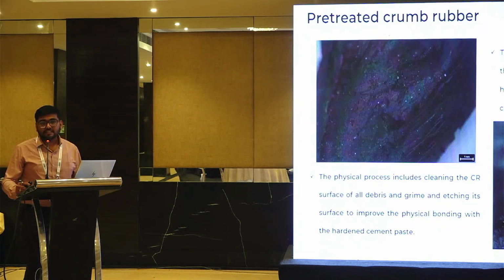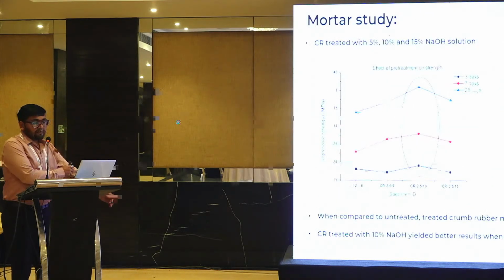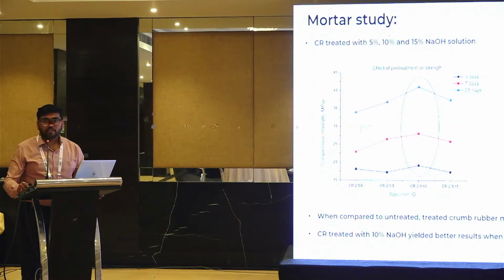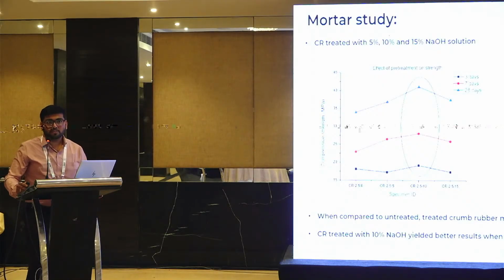The second thing is it converts the zinc stearate, which is in hydrophobic form, into a water-soluble form during our washing process, and it reduces the hydrophobic nature of the rubber particle. So in a way, it tries to reduce the porosity of the mixes that we will be discussing in the future slides. But we need to come up with the optimized dosage of sodium hydroxide to be used.